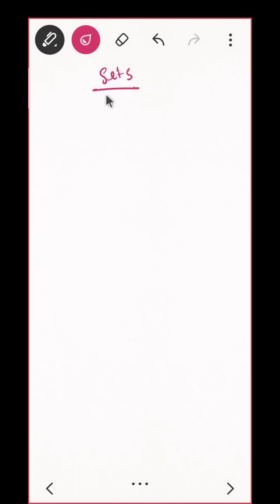What do you know about sets? What is the definition of set? Okay, collection of data. Any other? So if I say collection of some people also, some cows also, will that be a set?